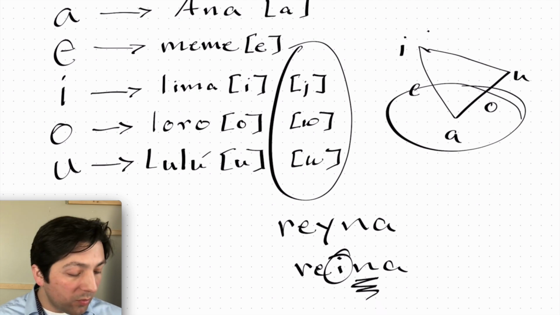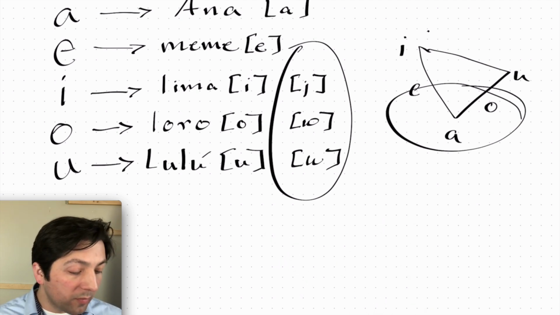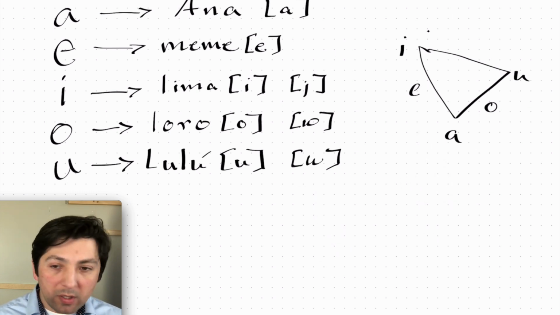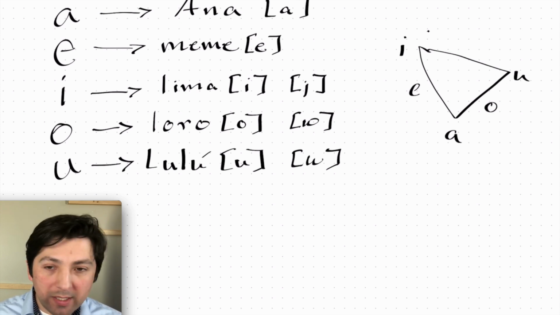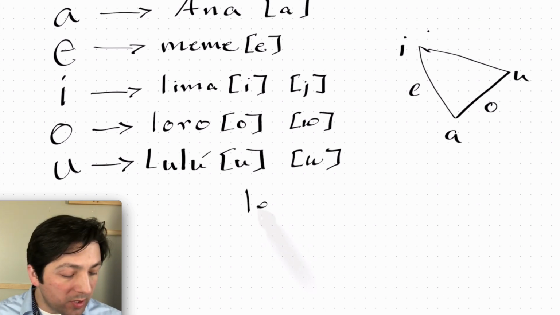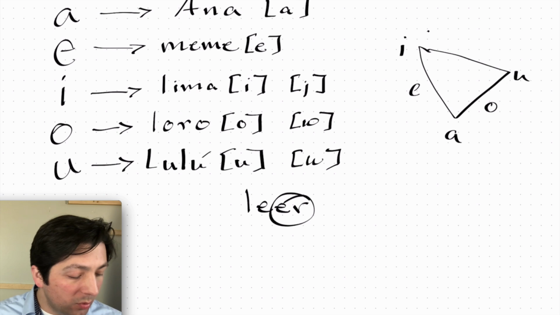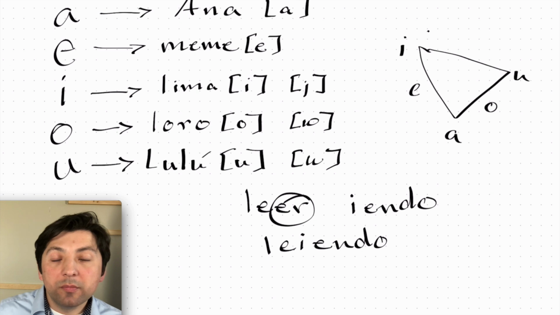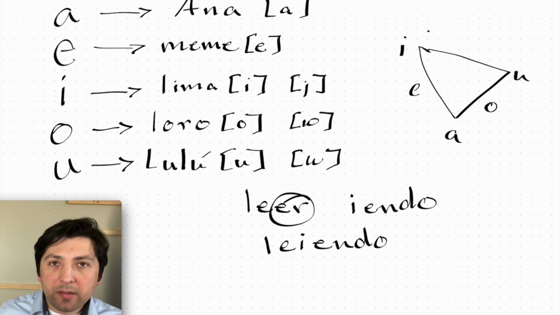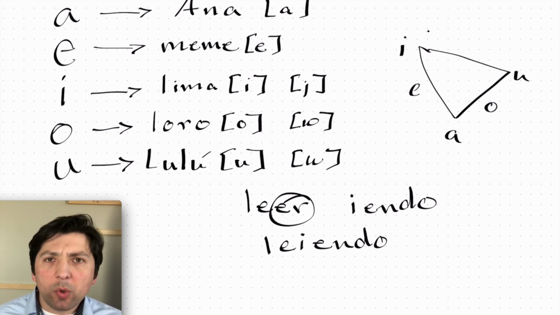This is the reason why when conjugating verbs or verb forms, we might have a different spelling norm. So let me give you an example. If I am reading, we would say estoy leyendo. So normally you would take the verb, for example, leer, you replace the suffix with yendo, which would give you leyendo. And here, by looking at this, anybody would pronounce this right, even though it's orthographically incorrect.